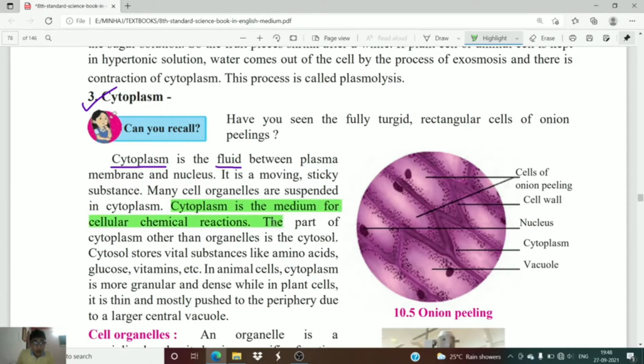Now the part of cytoplasm other than organelles is the cytosol. Keeping the organelles of the cell apart, the rest of the part in a cytoplasm is called cytosol.